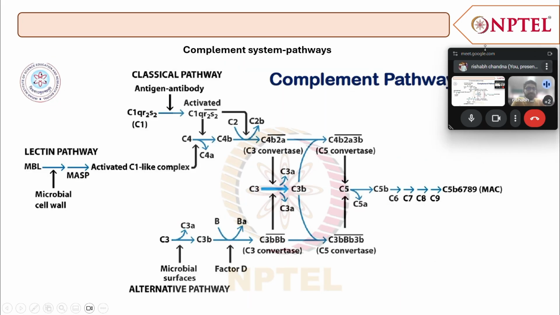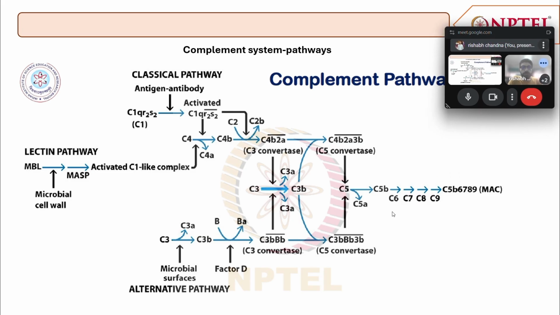So this is the detail of the complement pathways. As you can see here, the classical pathway starts with the antibody, then C1q and other proteins are involved, and it activates the C3 convertase.